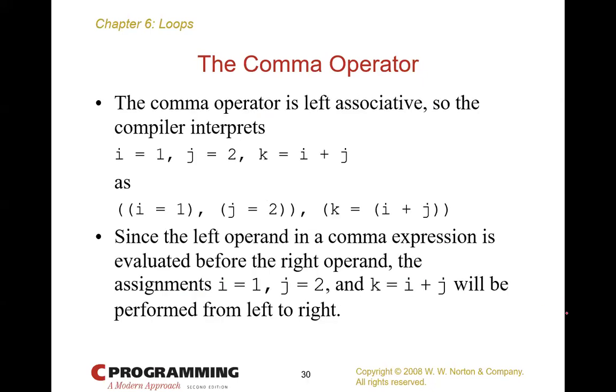The comma operator is left associative, so the compiler interprets this as this first. The comma operator is left associative. Please keep this in your mind. The compiler evaluates what is on the left of the comma operator before it evaluates the next expression.